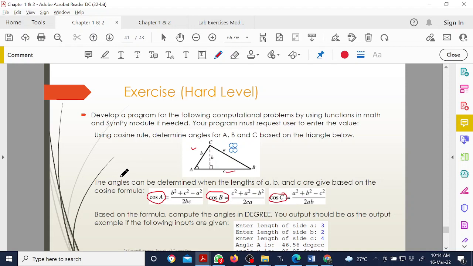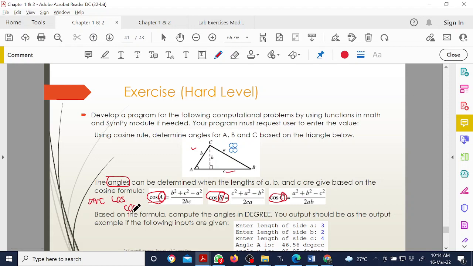However, in this exercise, they ask you to find the angles: angle of A, angle of B, angle of C. Based on mathematics in trigonometry, when we have cos A, cos B, cos C and we want to find the angle for A, for B, for C, we need to use arc cos, the inverse cos.